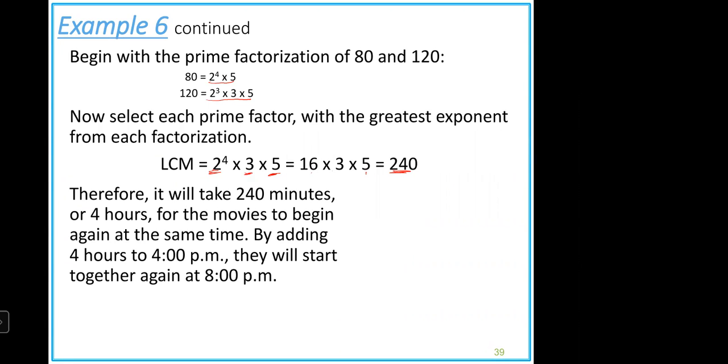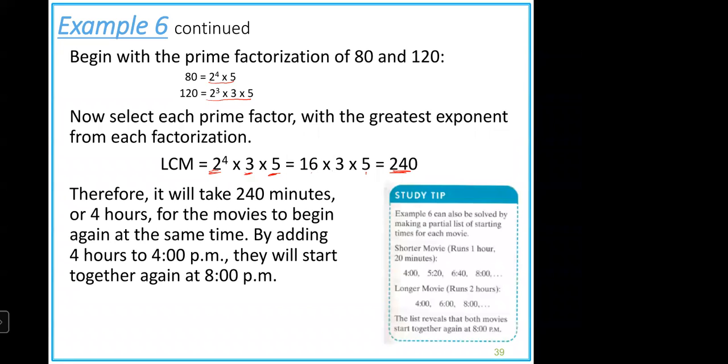Example 6 could also be solved by making a partial list of the starting times of the movie. You start at 4, and 80 minutes would be an hour and 20 minutes. The next ones would be 520, 640, and so on.